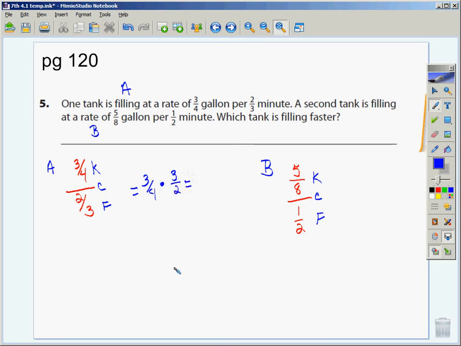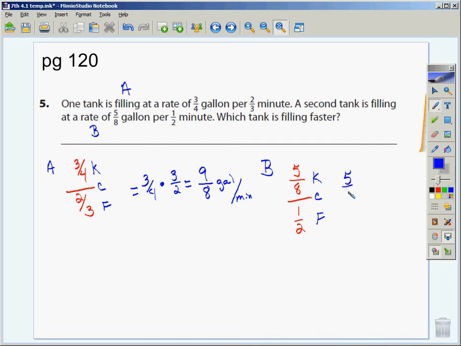Will anything cross cancel here? 2 doesn't go into 3, 4 doesn't go into 3. 3 times 3 is 9. 4 times 2 is 8. So they're talking about 9/8 of a gallon per what? Per minute. 9/8 could be thought of as 1 1/8, right?